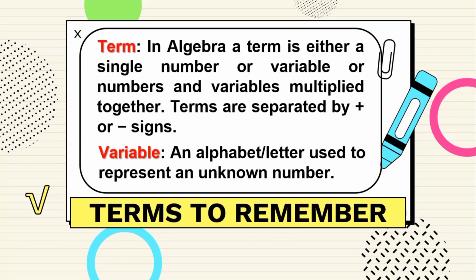So when we say variables, we are simply referring to letters just like A, B, C, D, E, F, G until Z. But for algebra, we always use variables such as X, Y, or Z, or A, B, C. Those letters are what we call the variables of the given expression. Okay, so those are the terms that you need to remember.